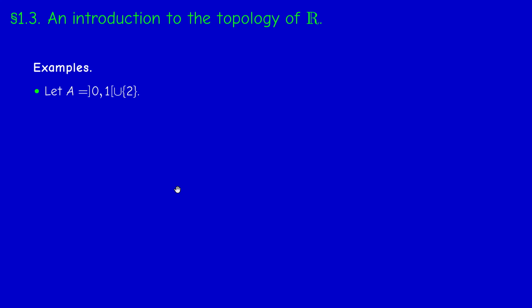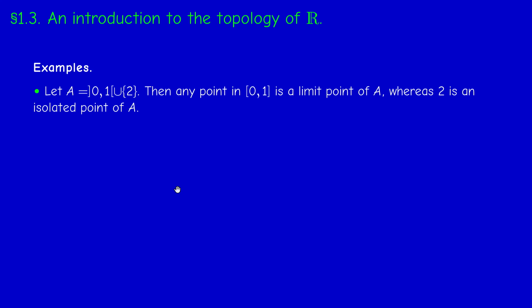Consider the set A consisting of the open interval (0, 1) together with the singleton {2}. What is A bar? You should agree that A bar is [0, 1] closed, union {2}. So what are then the limit points of A and what are the isolated points of A?